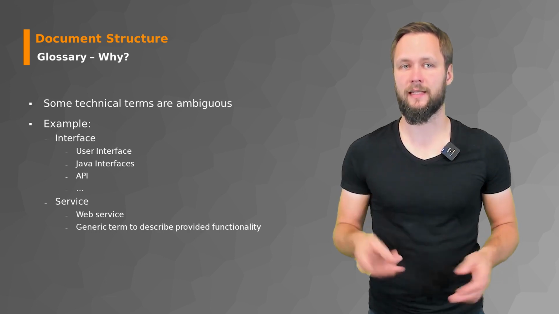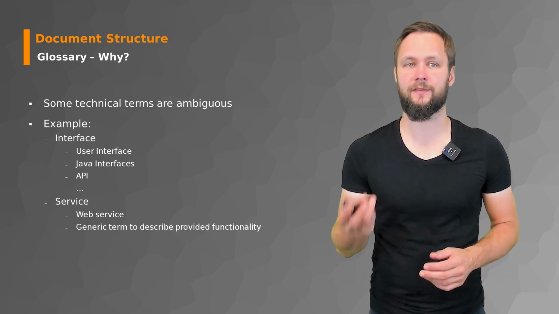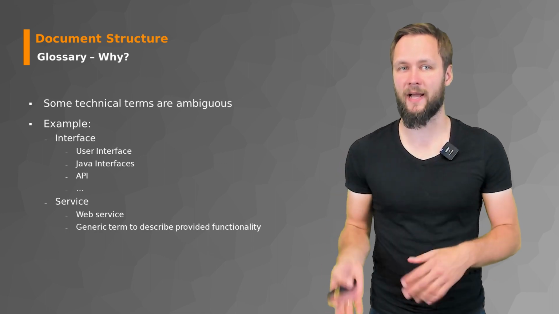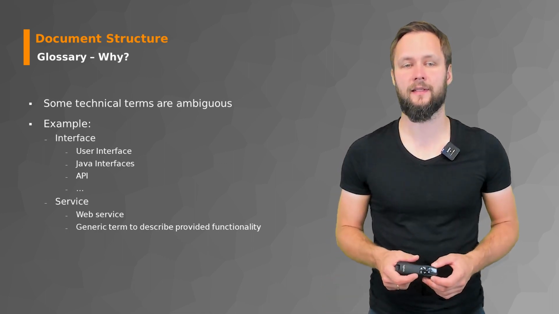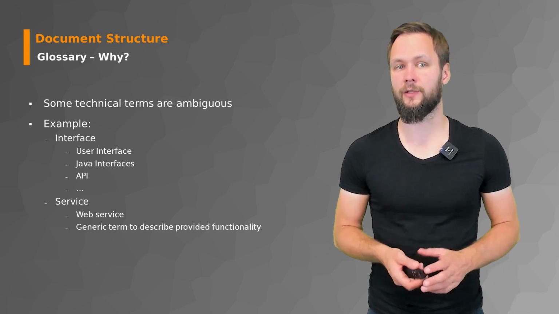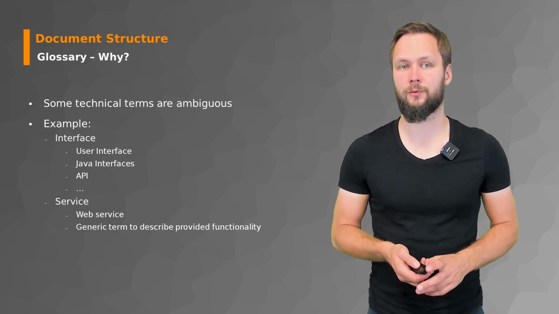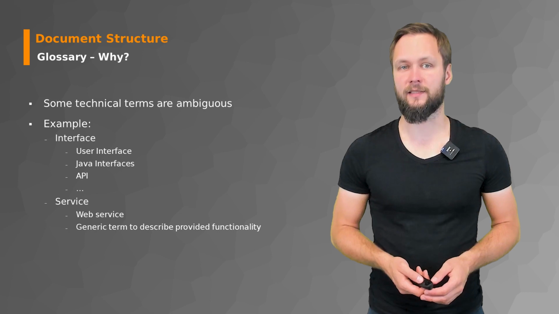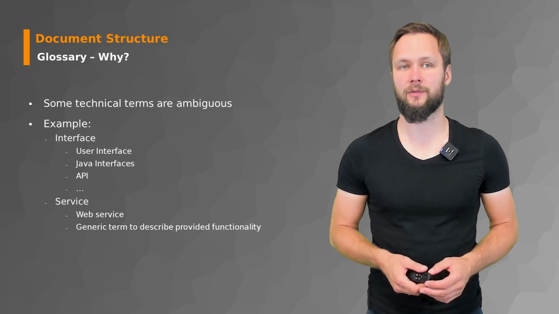For example, interfaces such as user interfaces, Java interfaces, or API. What do you mean by an interface? Same goes for service. Is it a web service, or are you using it as a generic term to describe provided functionalities? So what are you talking about?